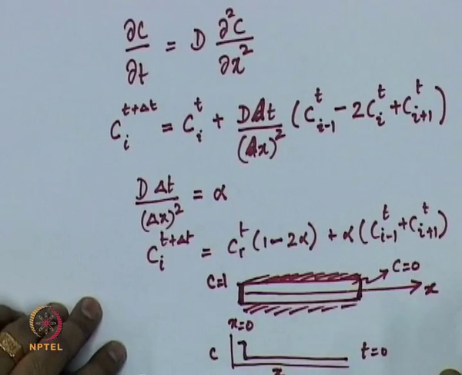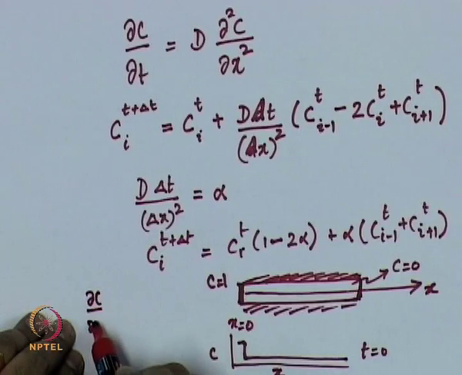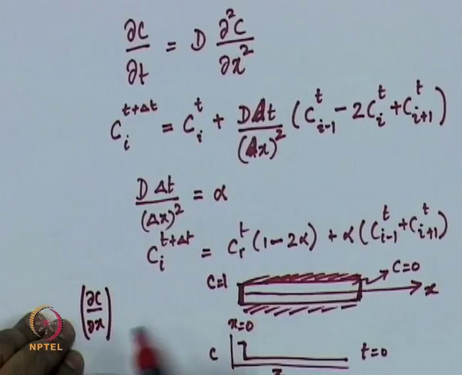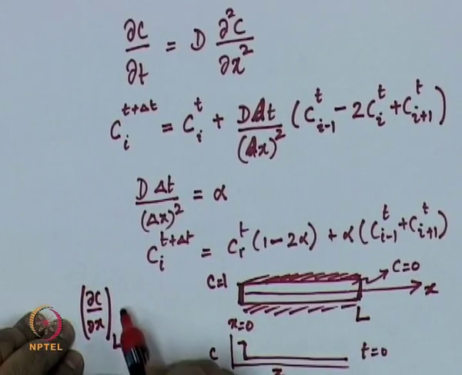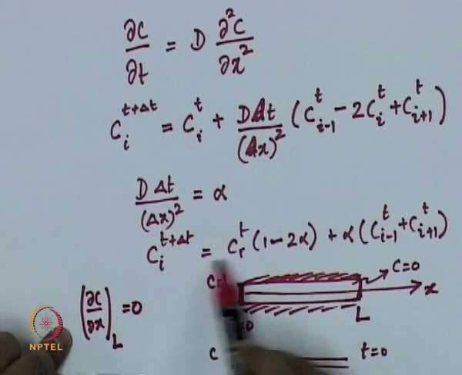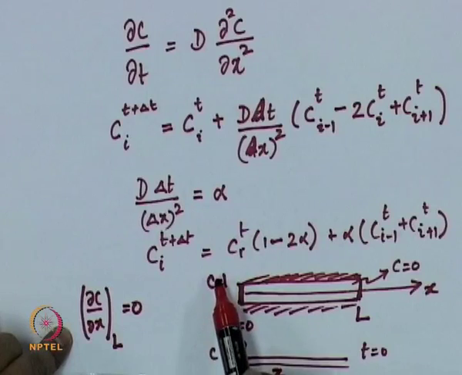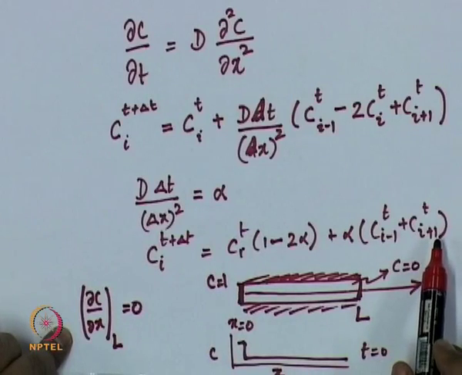In other words, I am going to consider the boundary condition as follows: ∂C/∂x at this point L is equal to 0. What is the implication of this for our discretization scheme is something that we need to look at.